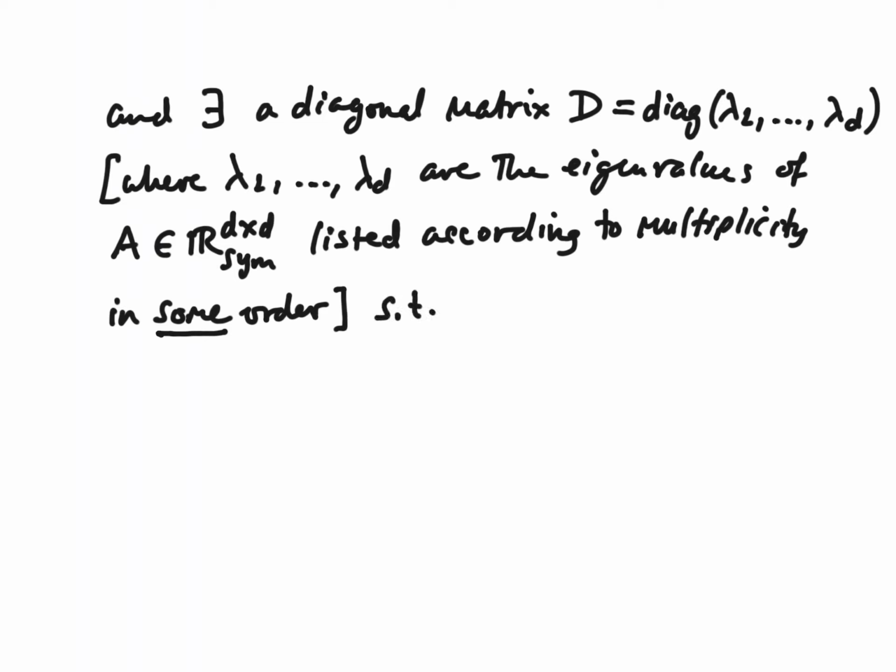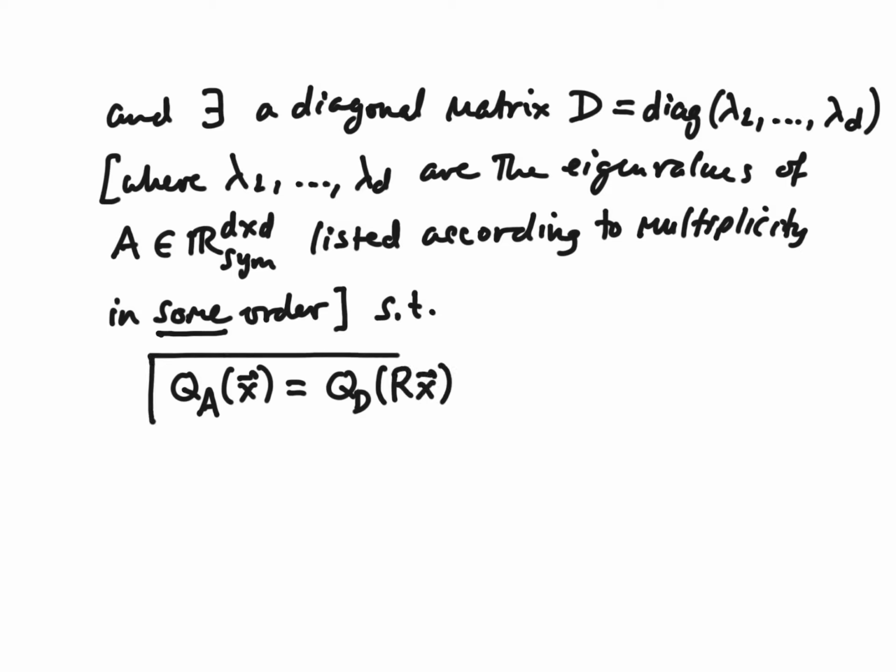But such that the quadratic form based on the original matrix A can be expressed as the quadratic form based on this diagonal matrix D evaluated at R times X. That's the key equation.